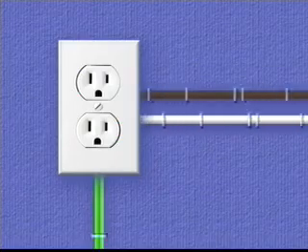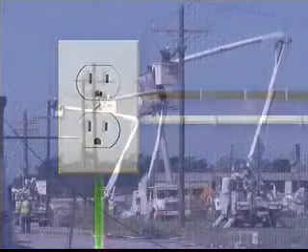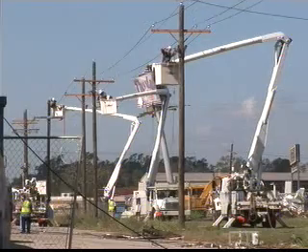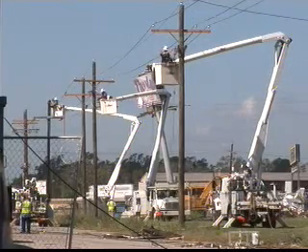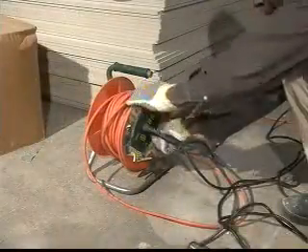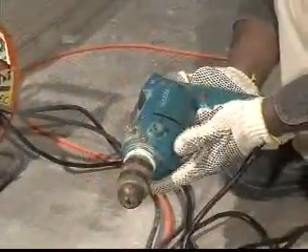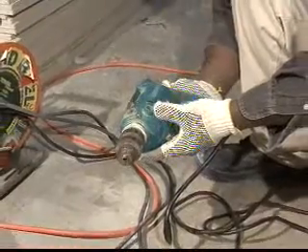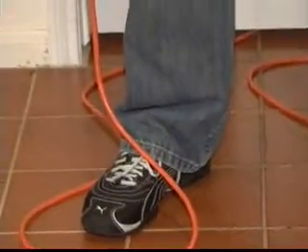Remember the guy on the crane? Electricity went from the wire through his body to ground. In the case of this grounded appliance, electrical current will flow through this grounding prong, through the wire, and go to ground, not through your body. Electricity flows through the path of least resistance.